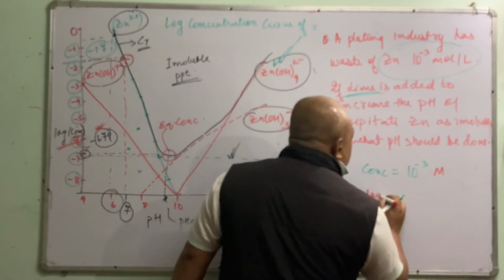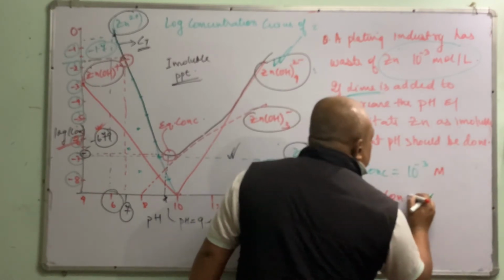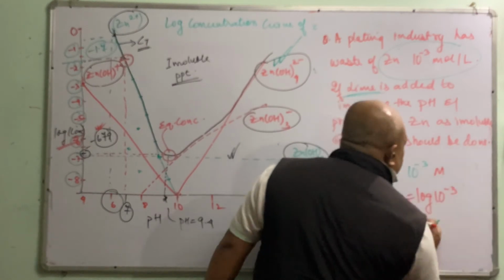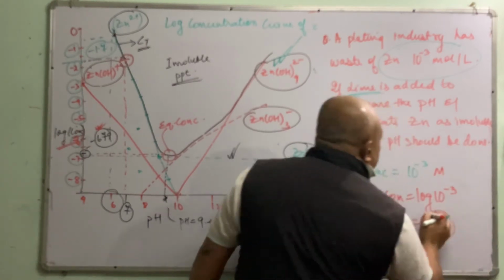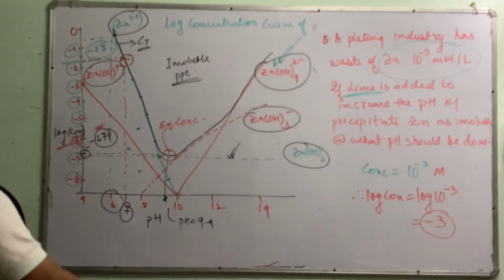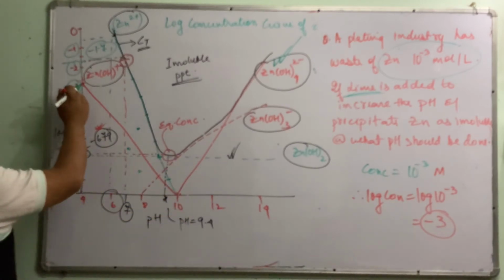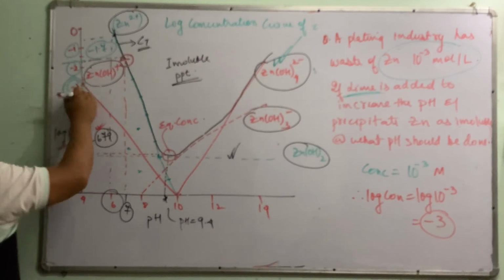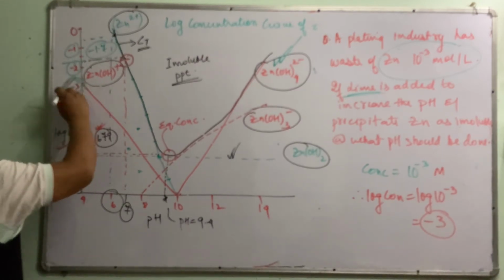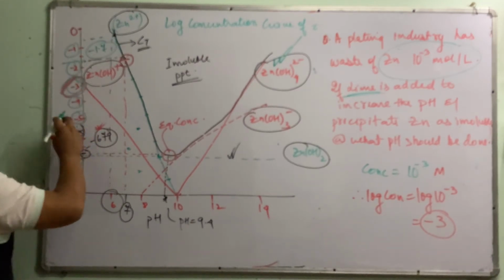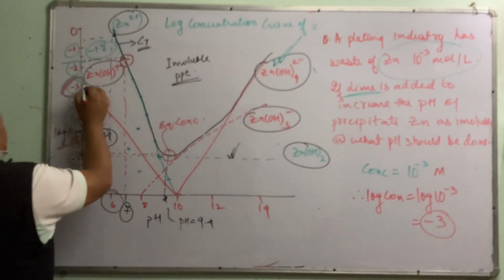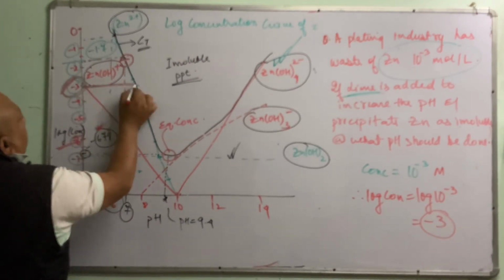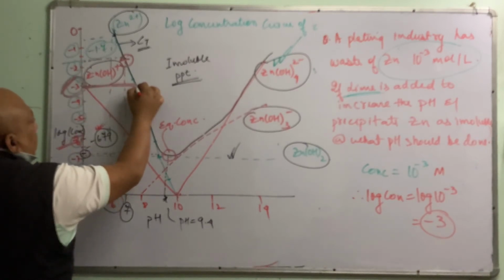Therefore, log of concentration is equal to log of 10 to the minus 3, which is equal to minus 3. Now, you have to see where is minus 3. This is minus 3, correct? So at minus 3, this part you see here. At this minus 3, you have to bring up to here. Then you have to bring down here.